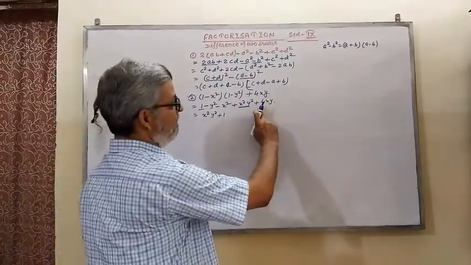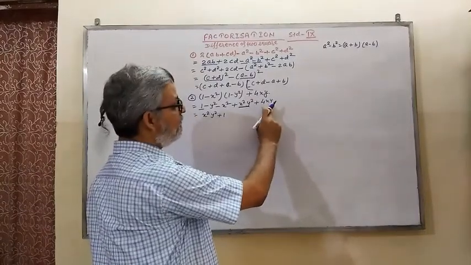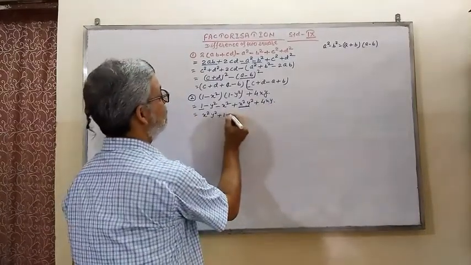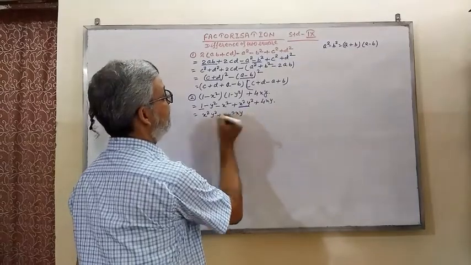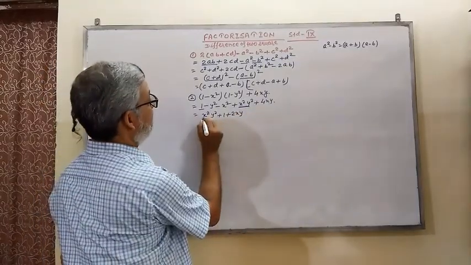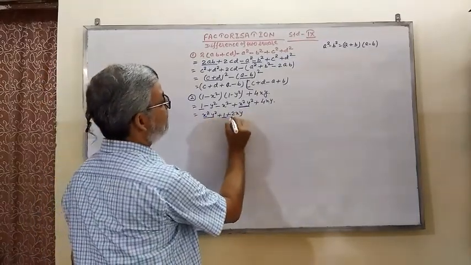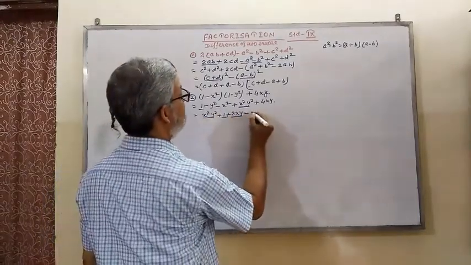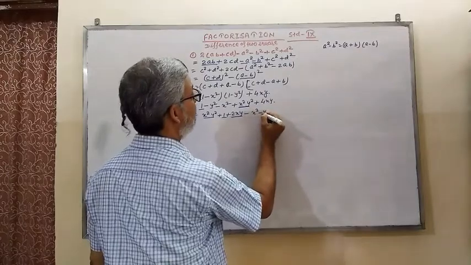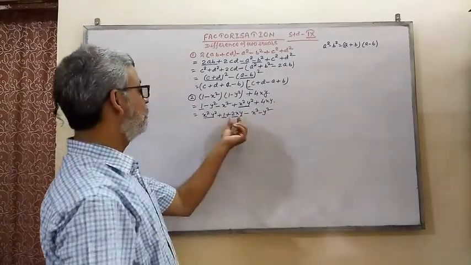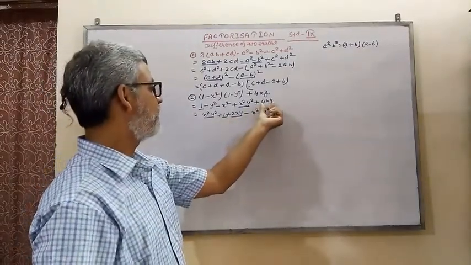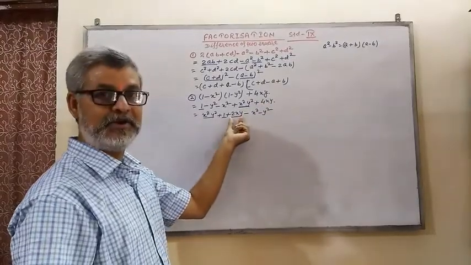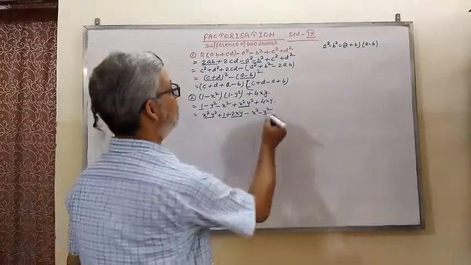Here we have plus 4xy. From that 4xy, positive 2xy I kept here. Now you see, a square plus b square plus 2ab. After that, minus x square minus y square, and how much of 2xy is left? From 4xy, 2xy I used here, so positive 2xy is left.